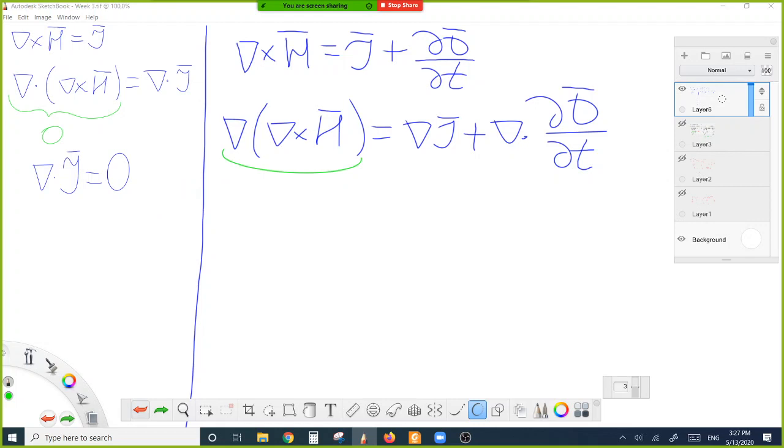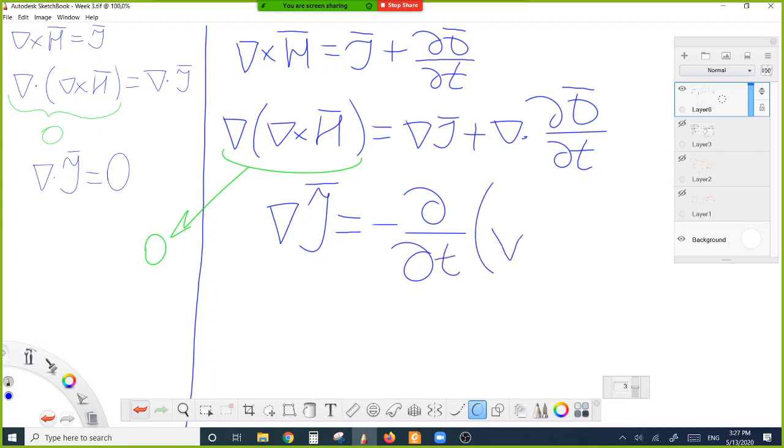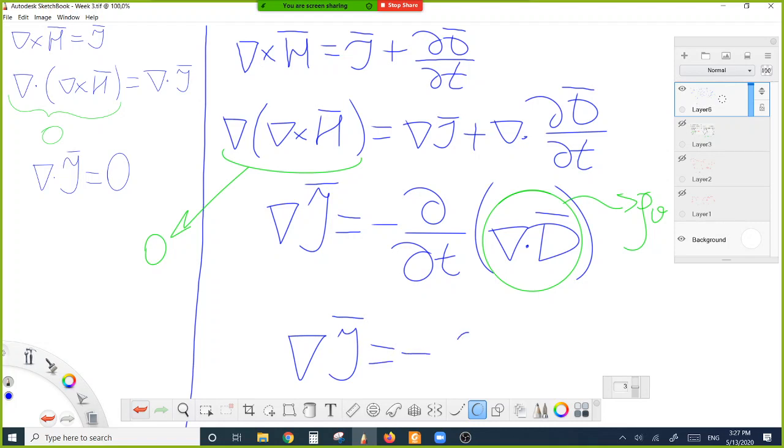We know this, and what we get is the divergence of J will be equal to minus d over dt of divergence of D. And from our previous knowledge, we know that this is equal to rho V. And we get that divergence of J equals minus d rho V over dt.